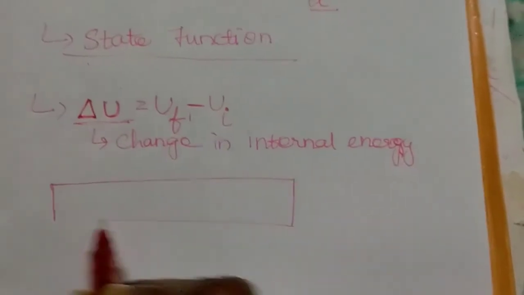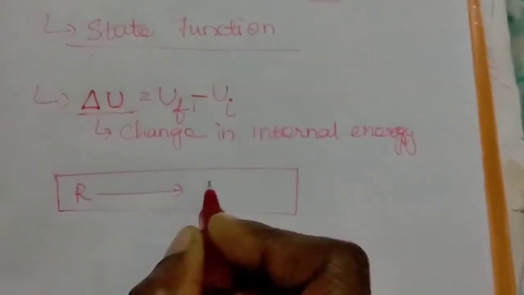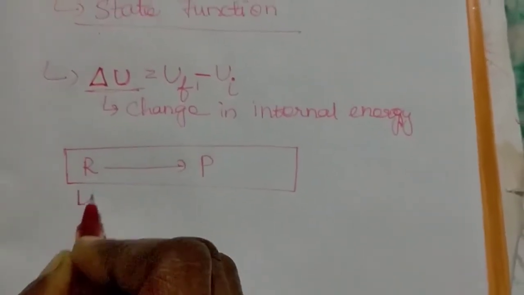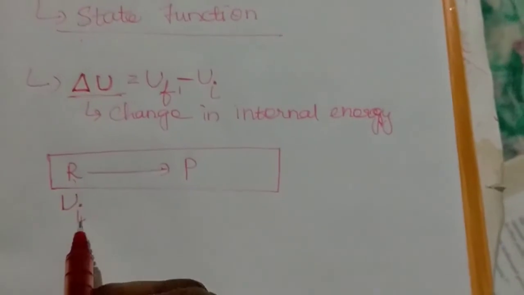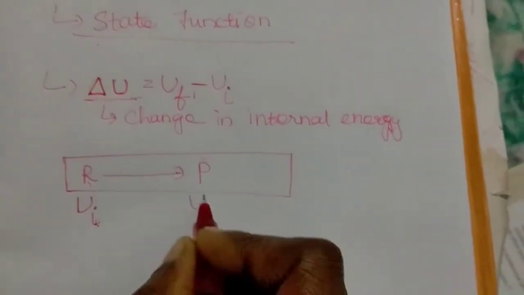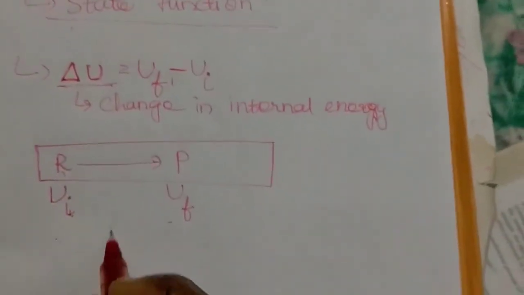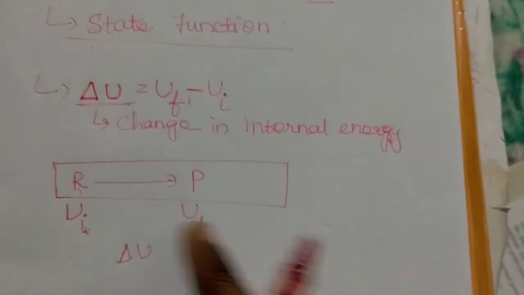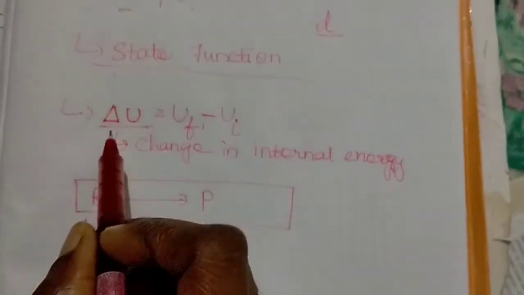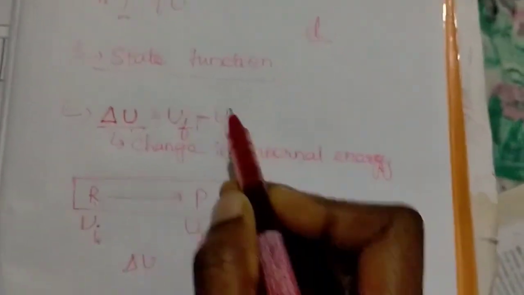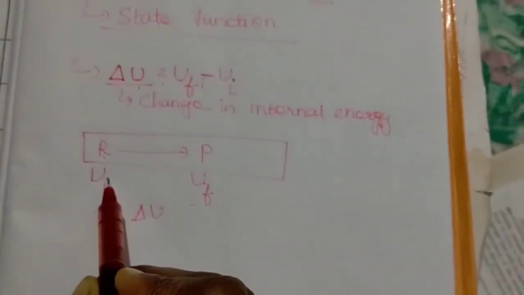When you measure the internal energy from reactant to product, we denote the internal energy of the initial state and the internal energy of the final state. Then we can easily measure the change: change in internal energy equals UF minus UI, that means internal energy of final minus internal energy of initial.